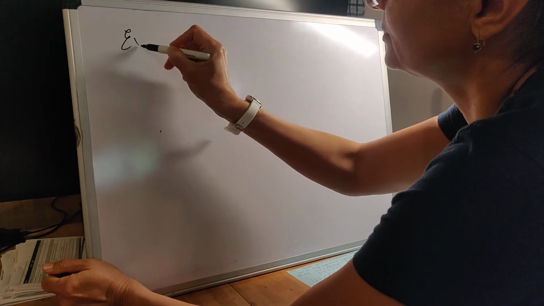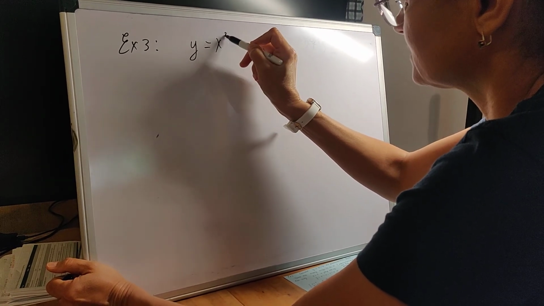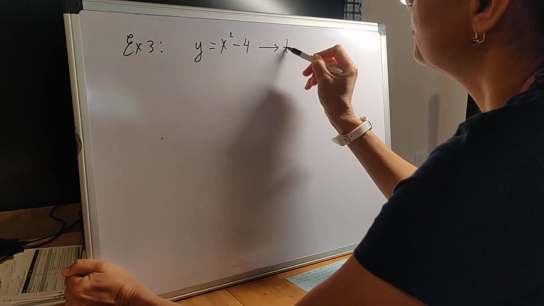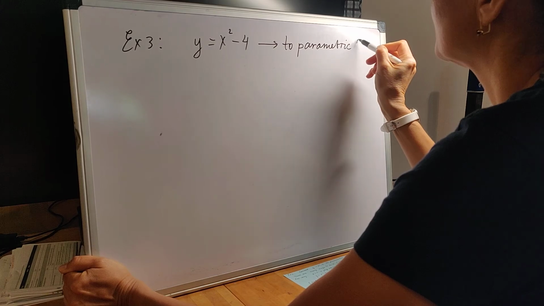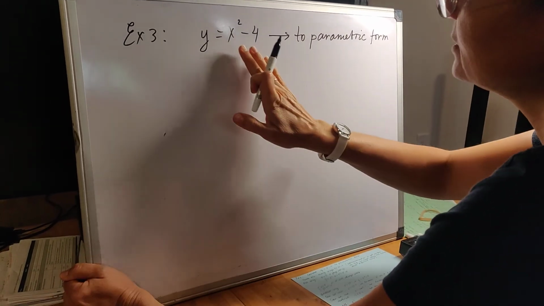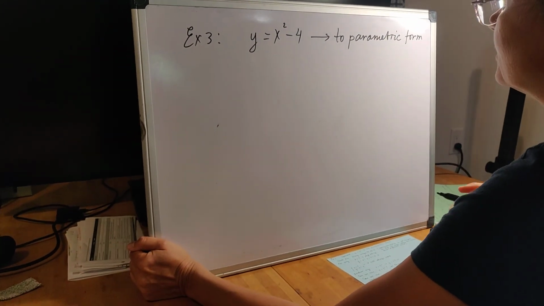Okay, example number 3. y equals x squared minus 4, and somebody is asking me to convert it to parametric form. They don't give me any restrictions on x and y, means that this is parabola, right? Shifted 4 units down, they want to have a whole parabola.